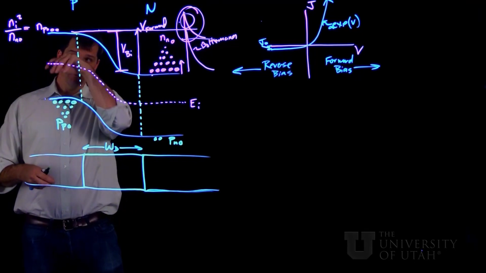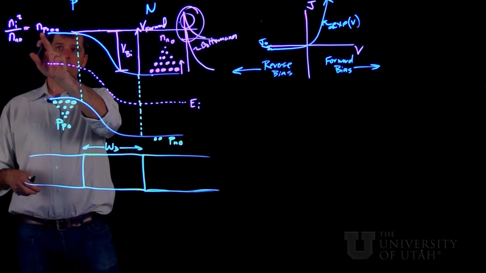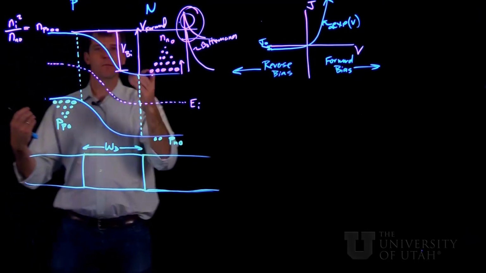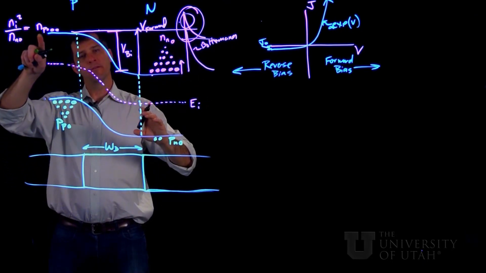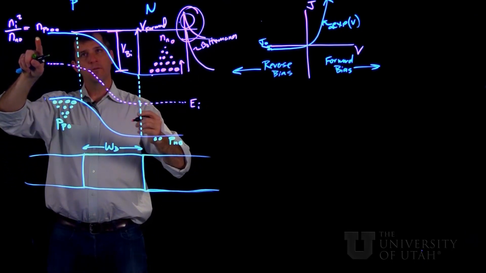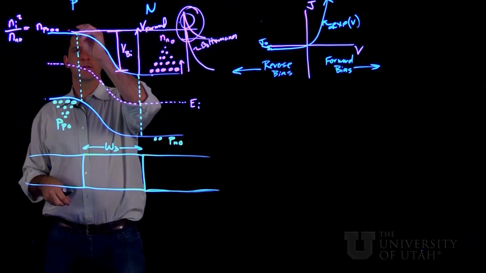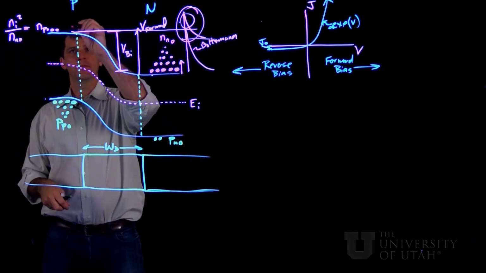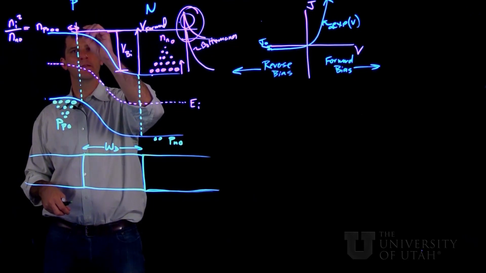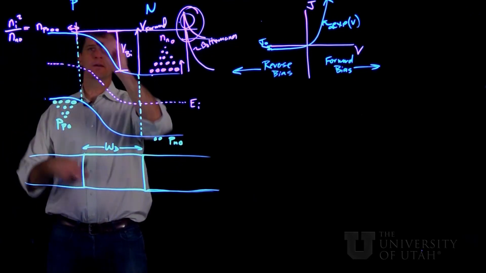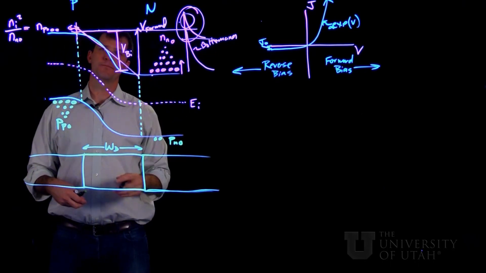Now on the other side of the junction, the electron number doesn't change very much. If you apply a voltage, it doesn't really do anything over here. So an electron can be near the depletion width edge and diffuse back and forth and sometimes make it into the depletion width. If it does, it gets swept through.